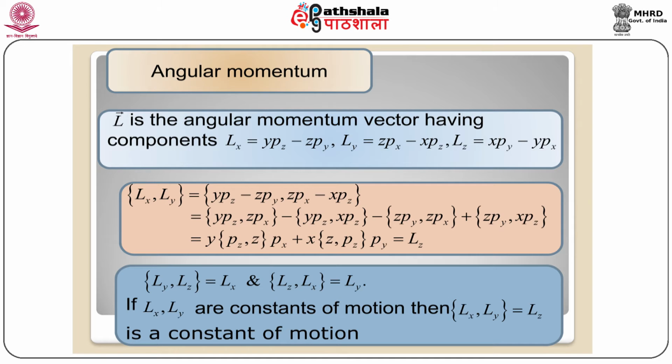Therefore, the angular momentum vector L, which can be written as Lx i vector plus Ly j vector plus Lz k vector, is also a constant of motion.